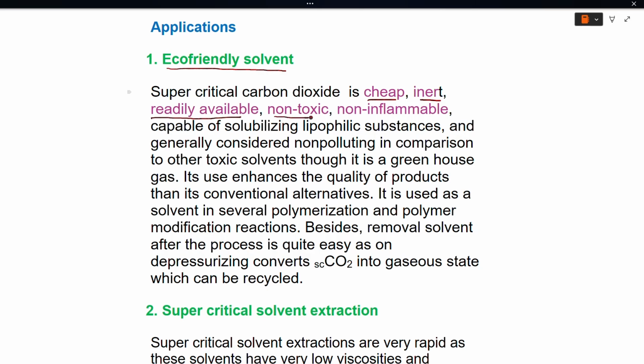It is non-toxic, non-inflammable, capable of solubilizing lipophilic substances, and it is generally considered non-polluting in comparison to other toxic solvents, though it is a greenhouse gas.